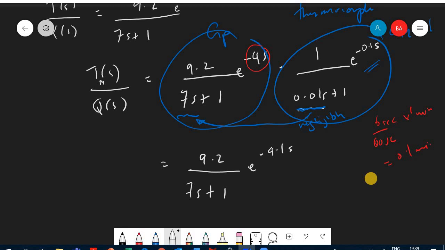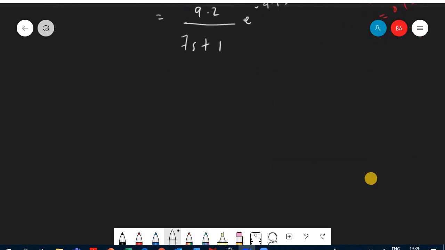And actually we can also use the Smith method. I don't know if you would like to use the Smith method. Why not? Sometimes it's good to solve problems in different ways. So using the Smith method, where we want to fit a second order plus time delay.